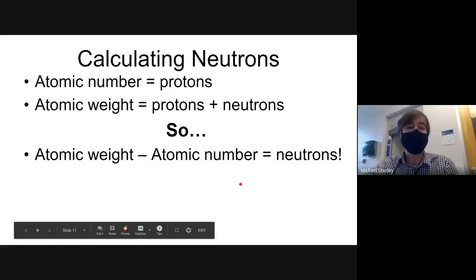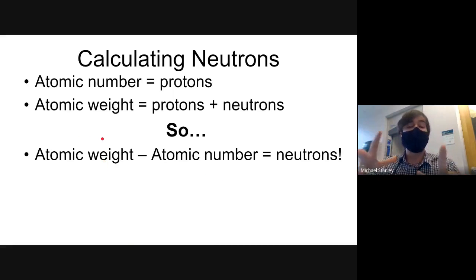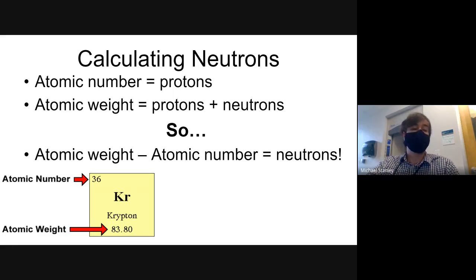Okay. Exactly. So the weight, remember, is that bigger number on the bottom, and the atomic number is the smaller number up on the top. So if we went back to our krypton example, it would look something like this. We know that our atomic number is 36, and technically our atomic weight is 83.80.